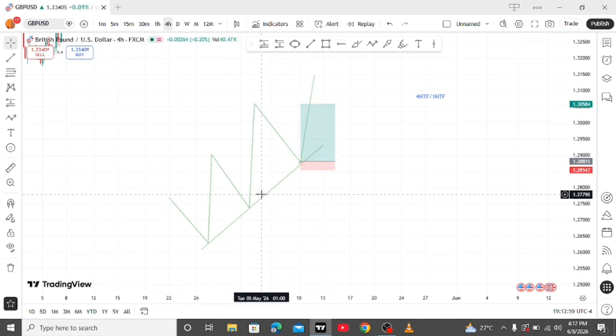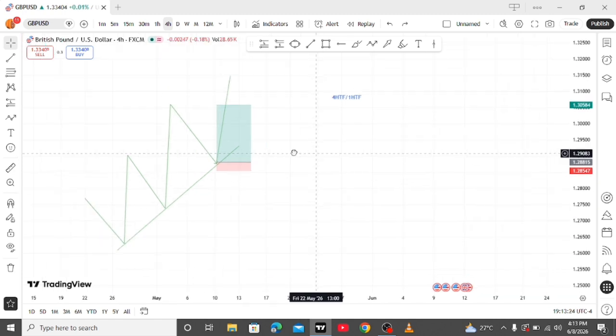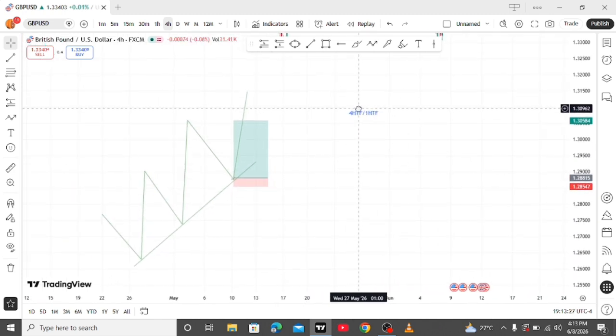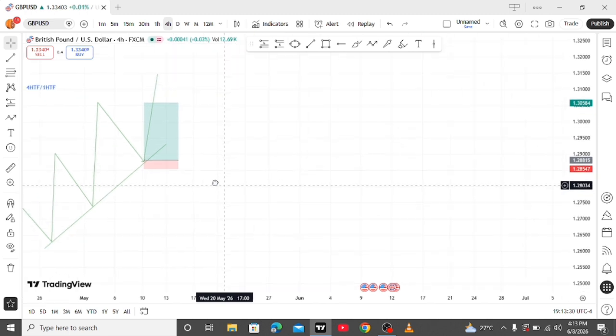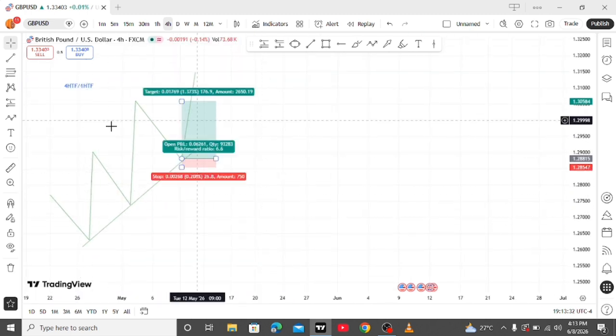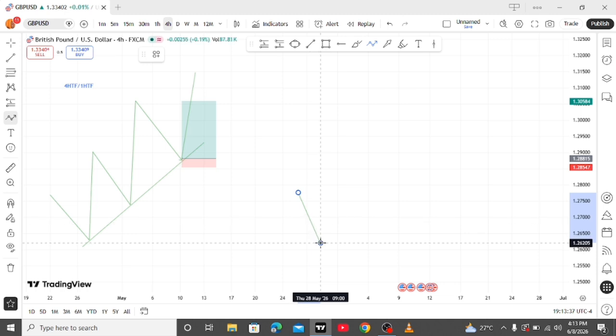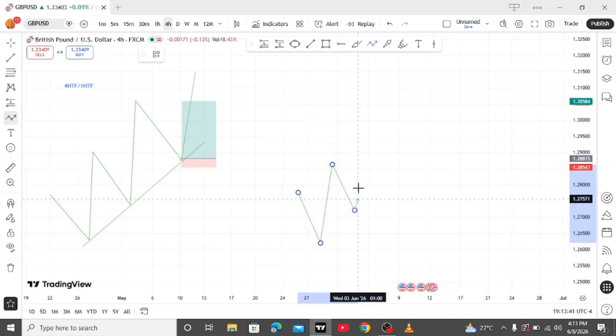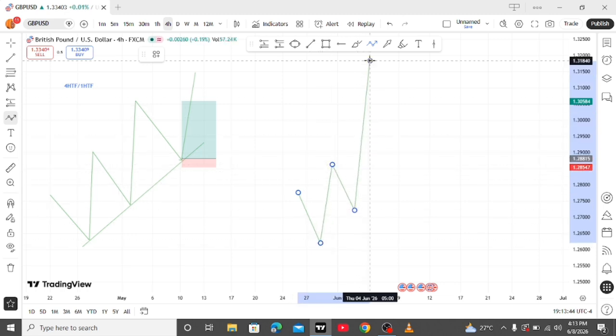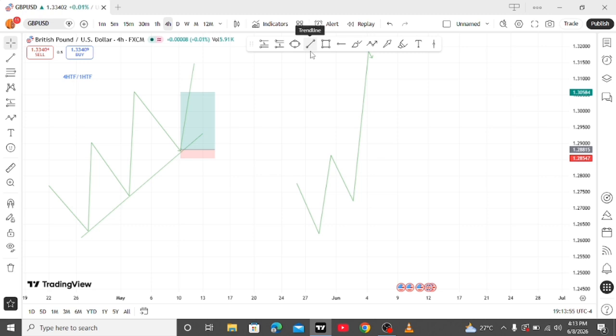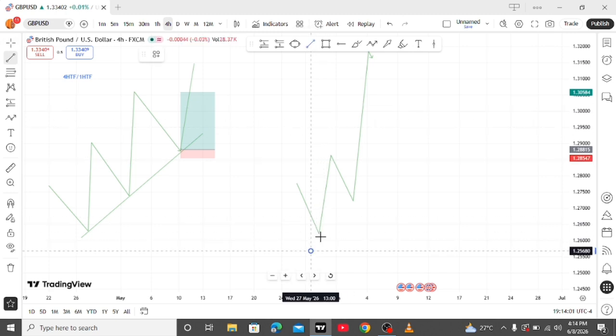Sometimes the market is not as pretty as this. Sometimes you may not get something as beautiful as this. You may get something like the market goes down, goes up, goes down, and then to the upside. Sometimes the market has given a very big distance and we may not be sure that the market might come to our trend line.